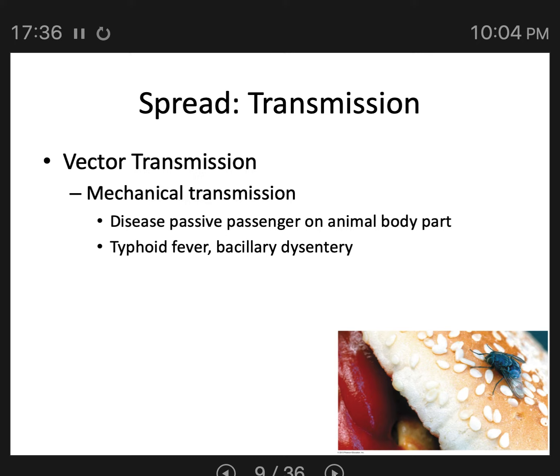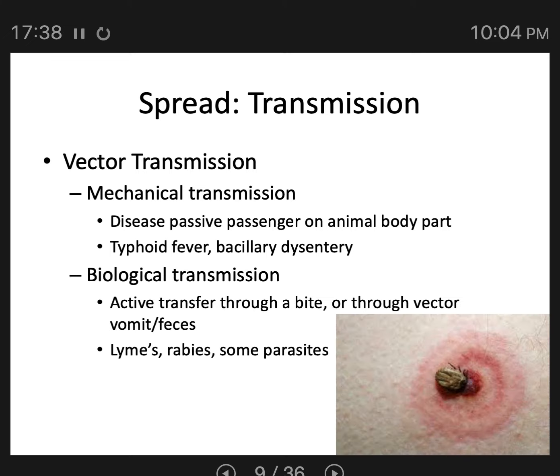But usually when we talk about vector transmission, we're talking about biological transmission. This is when a pathogen is actively transferred through a bite or through vector vomit or feces. Often with a biological vector, the pathogen is actively completing part of its life cycle inside that other animal.